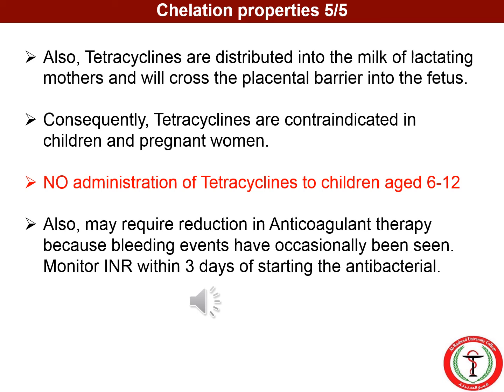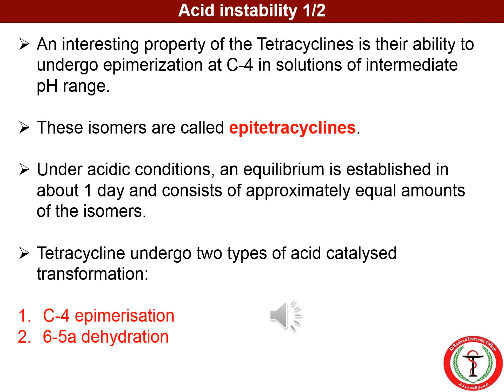Also, tetracyclines can affect the child's growth, so they are not recommended for children between 6 and 12 years, as I mentioned before. In addition, patients who are taking anticoagulants, for example warfarin, must be counseled to monitor their INR within 72 hours of starting the antibiotic to avoid the risk of bleeding.